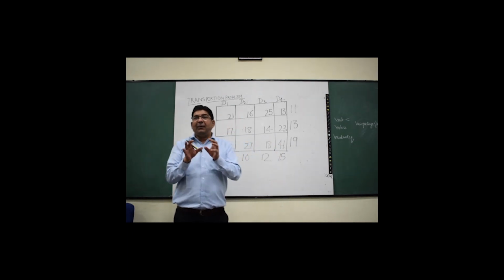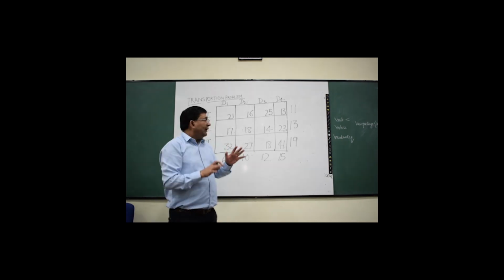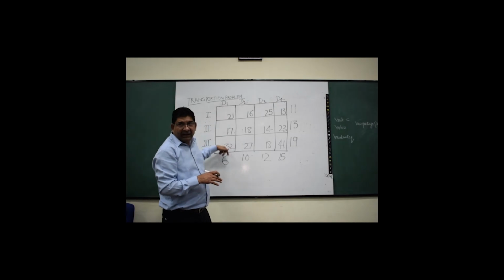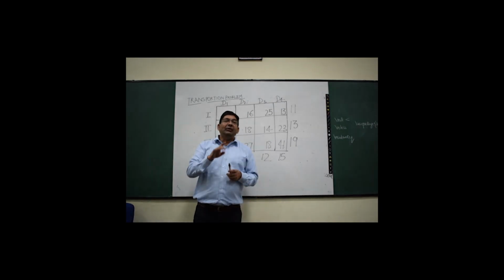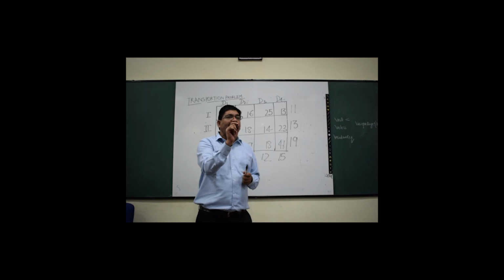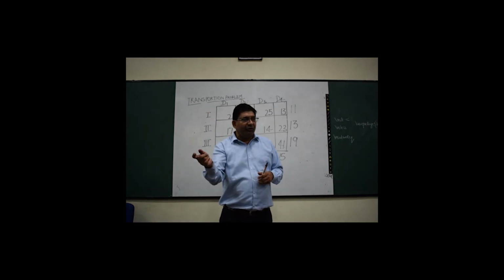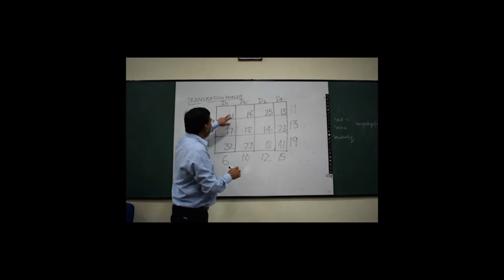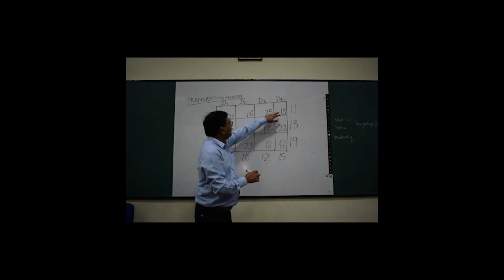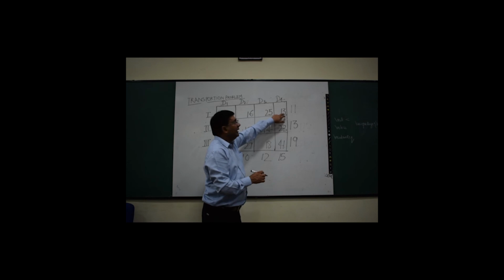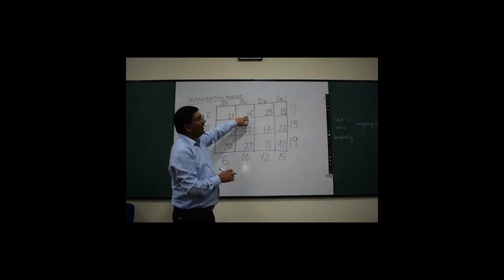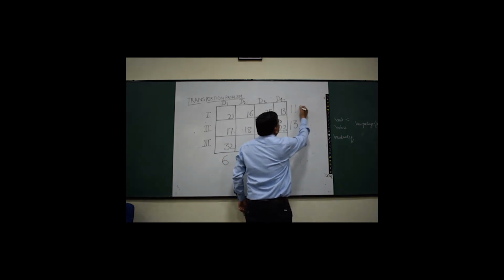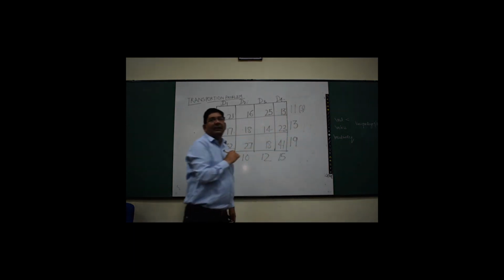So for Vogel's approximation method, what do we do? For each row and each column, we find the difference between the minimum and next to minimum cost. The minimum cost in this row is 13 and the next to minimum cost is 16. So the difference between the two is 3.